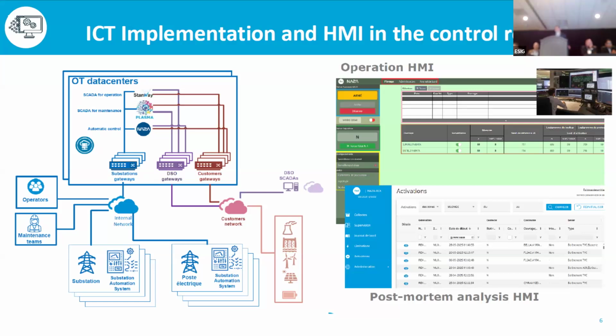And if there is an activation of the system, there is also an interface where they can see exactly what was activated, why, and what the sequence of actions was after the fact. And so this allows the operators to still have a little bit of control, but again, that happens faster than what they can usually handle.